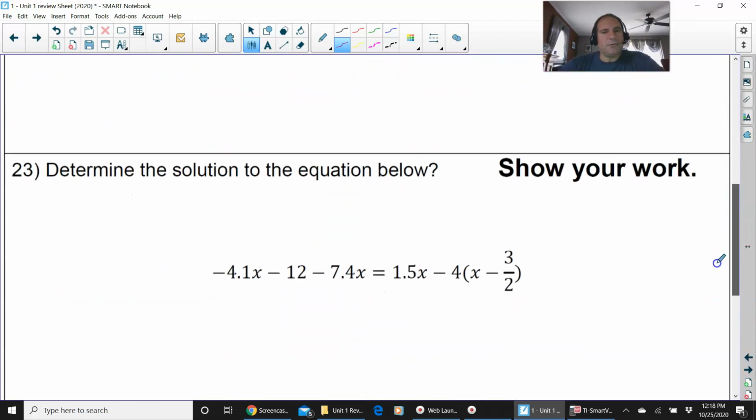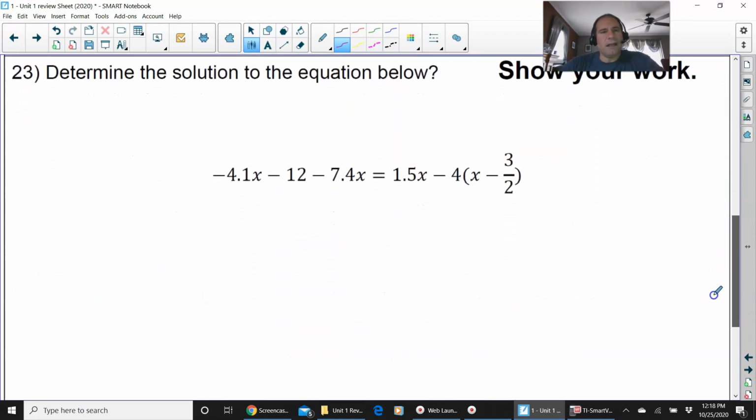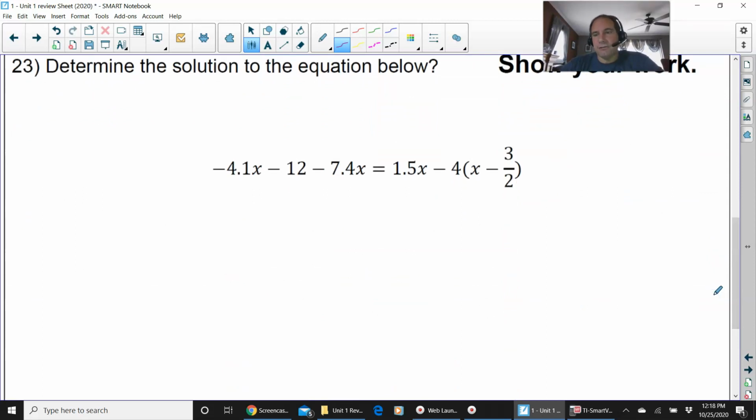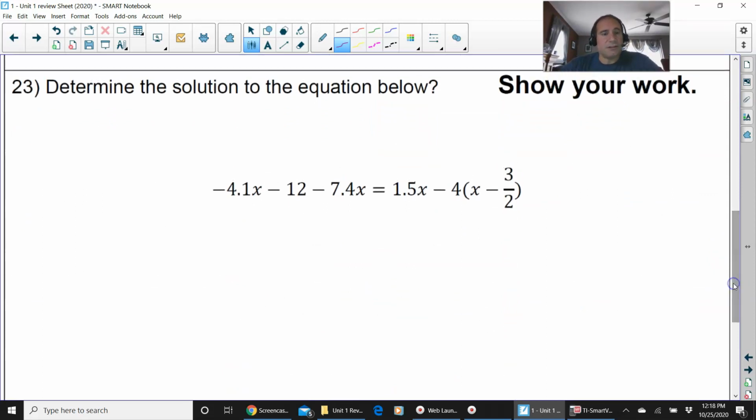All right, number 23, look at that nightmare. So it looks really difficult, but it says to show your work, go ahead, combine like terms. And just remember, when you look at this, it's very overwhelming, right?